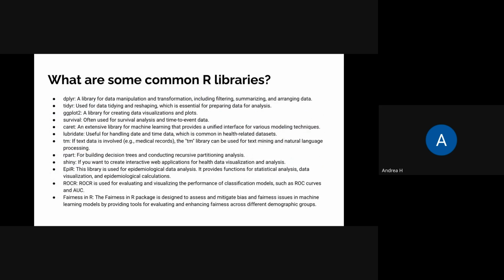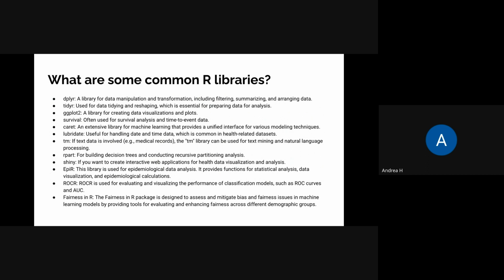And I thought I'd include a list of some common R libraries that are used in health data science. Health informaticians use them as well, but I've used some of these libraries from health data science, especially tidyverse and ggplot.